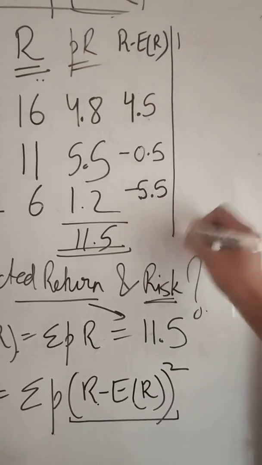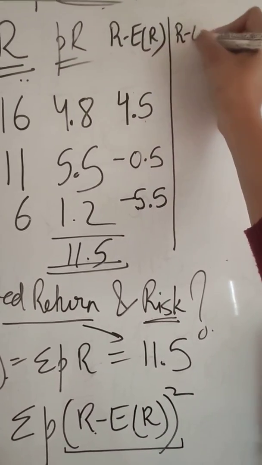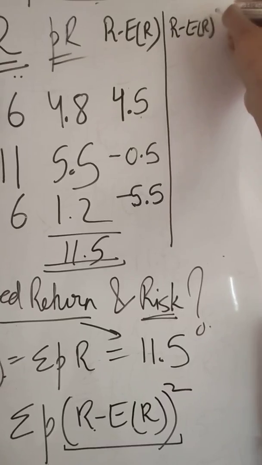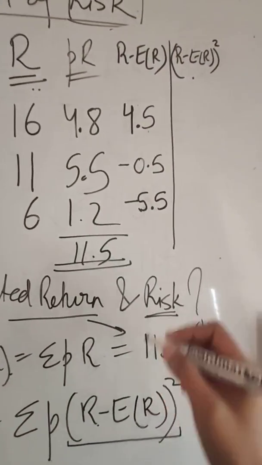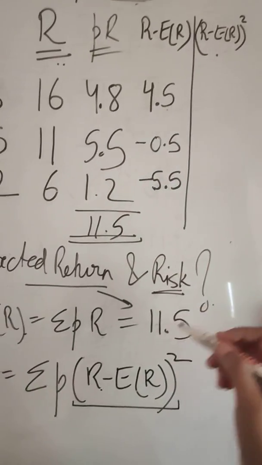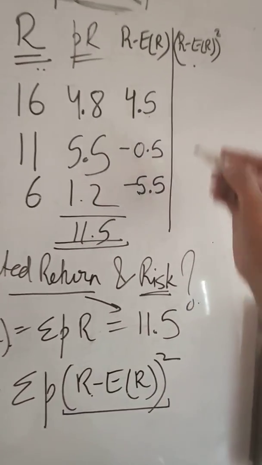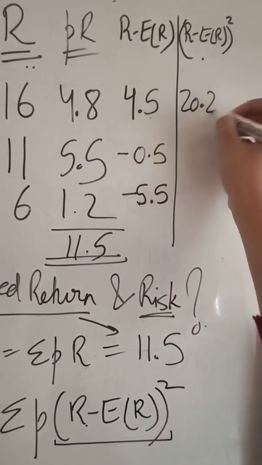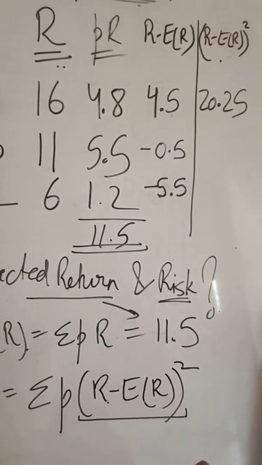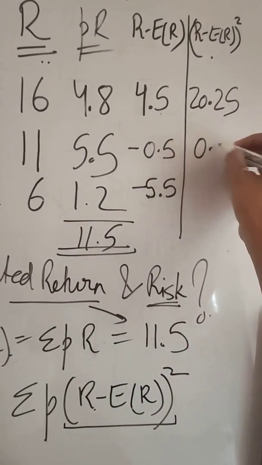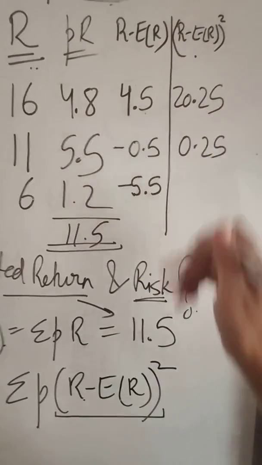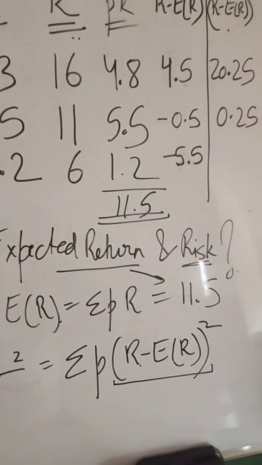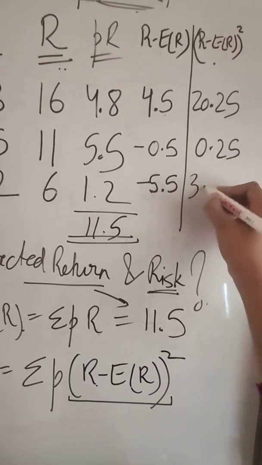Next column, R minus ER, square. 4.5, we will do the square. It is 20.25. 0.5 square is 0.25. As you can see, the negative sign goes away because you are squaring it. And this is 30.25.